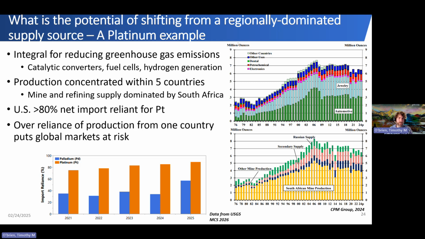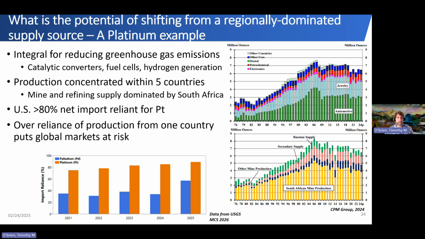The interesting thing for supplying of platinum is that it's primarily obtained from within 5 countries. And if we look at this chart on the bottom right by the CPM group, what we see here is that roughly 2/3 of the potential supply is derived from South Africa.